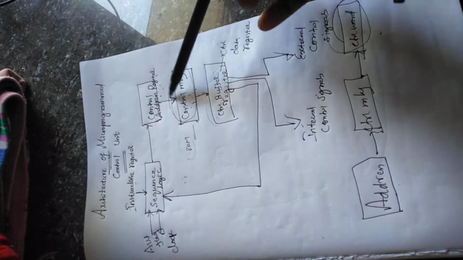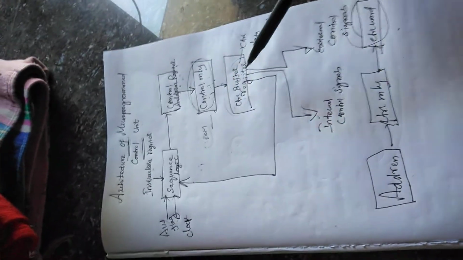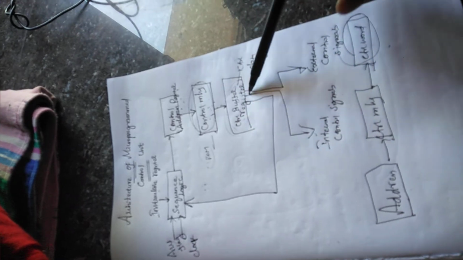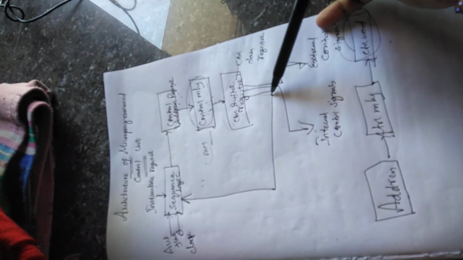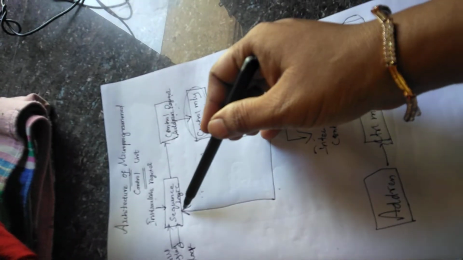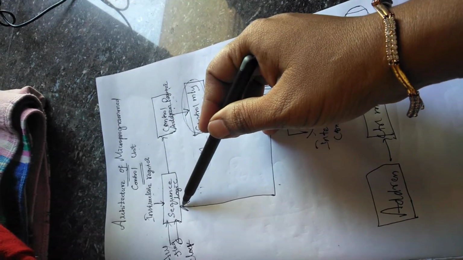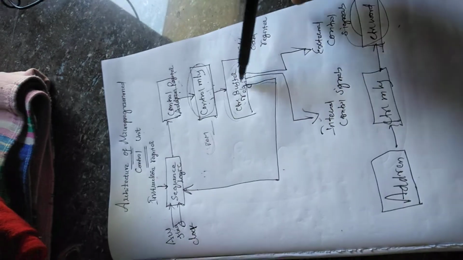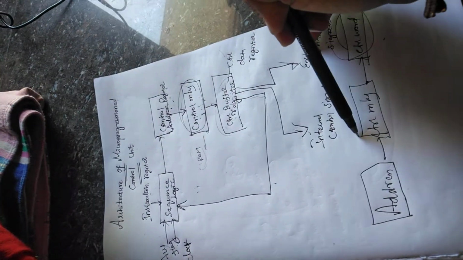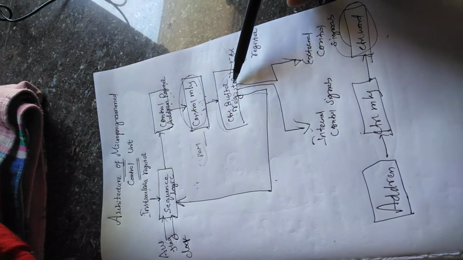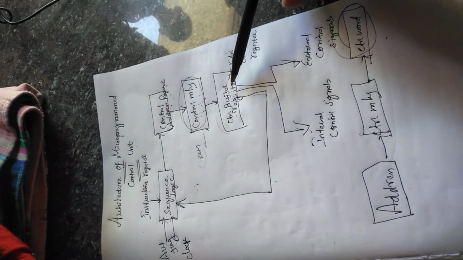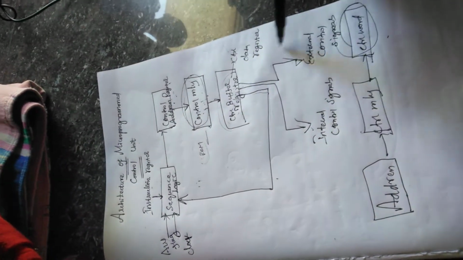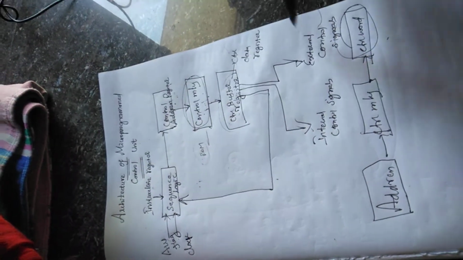From the control memory, it is transferred to the control buffer register, which is connected back to the sequence logic to fetch the next instruction, and also to the internal and external control signals.